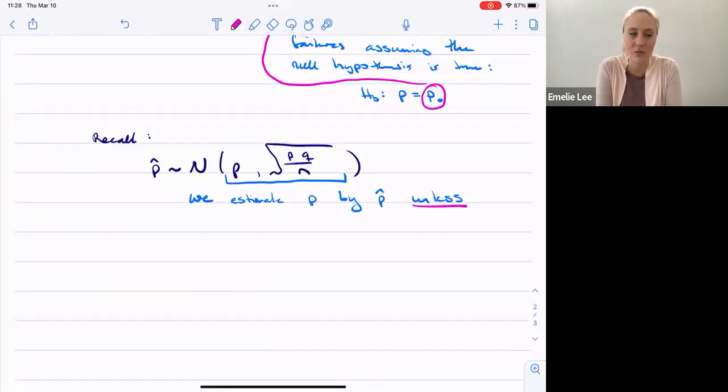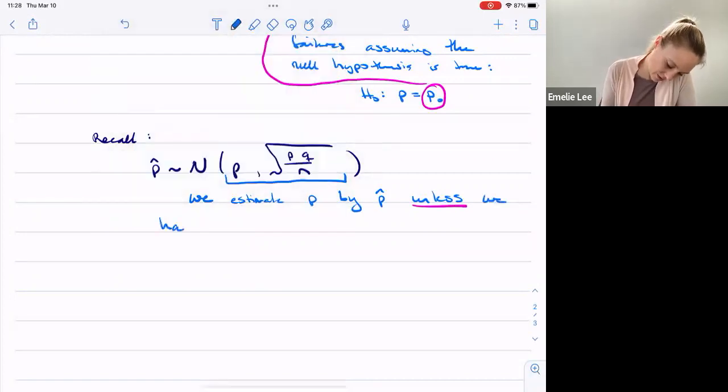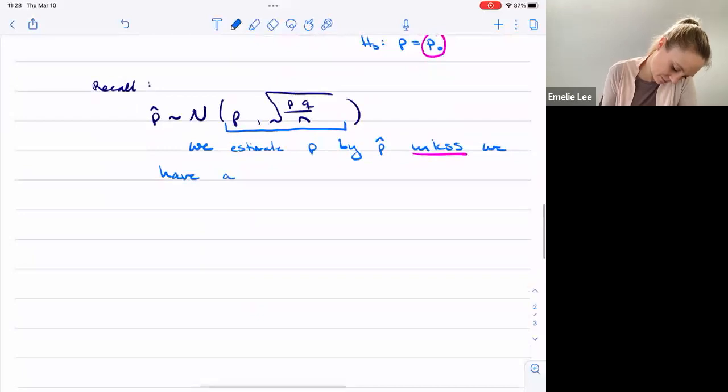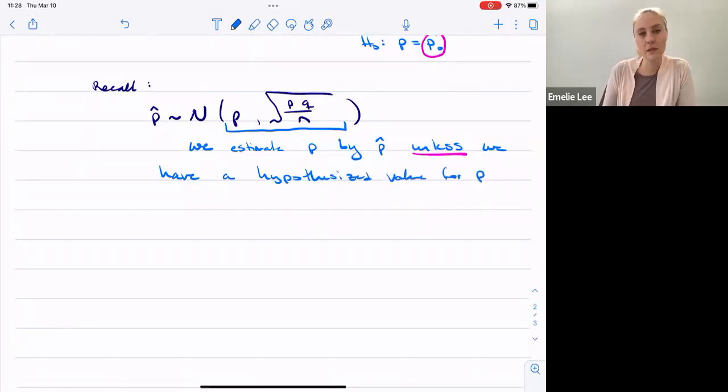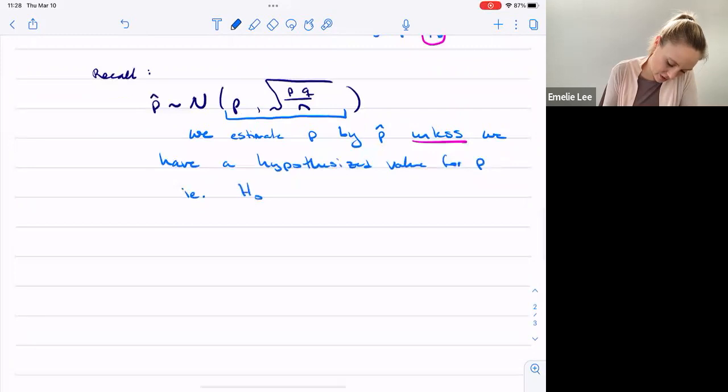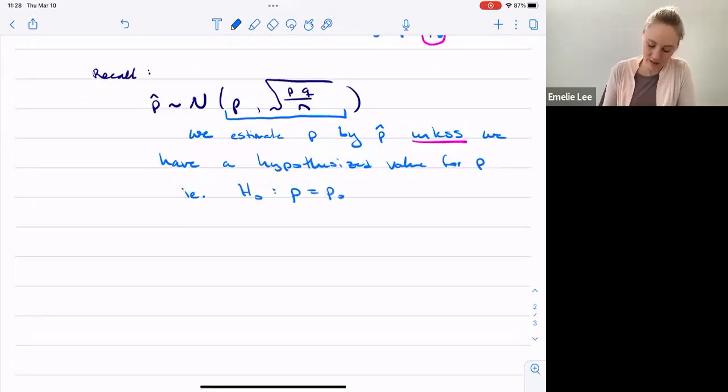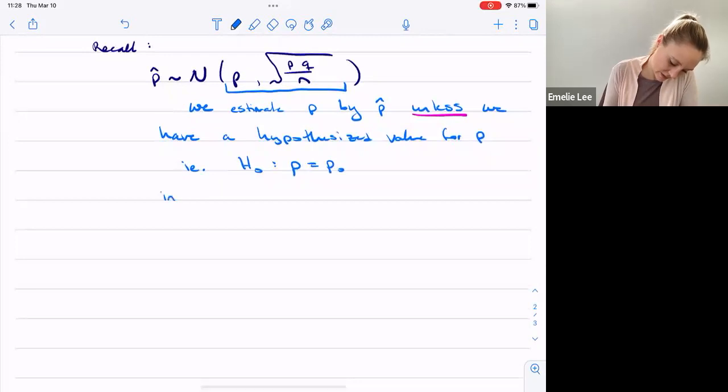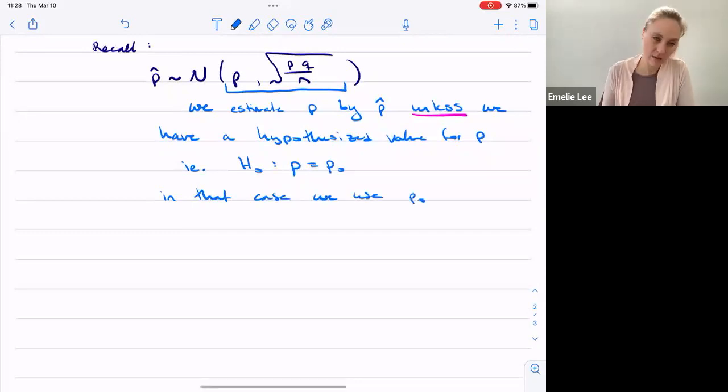I said it before and we probably didn't really pay attention to it, but I said unless we have a hypothesized value for P. Right, so that is H naught is that P is equal to P naught. In that case, we use P naught, okay, instead of P hat.